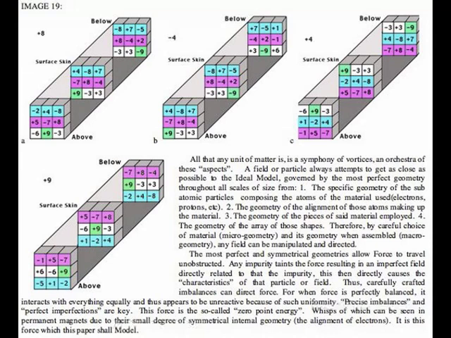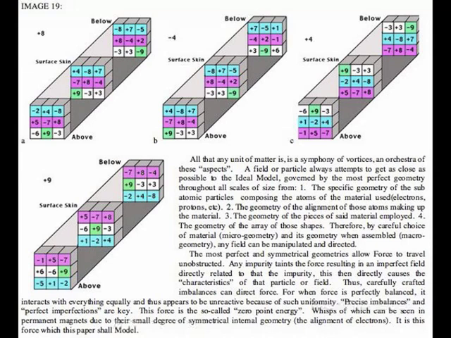The geometry of the pieces of said material employed. And 4. The geometry of the array of those shapes. Therefore, by careful choice of material, microgeometry, and its geometry when assembled, macrogeometry, any field can be manipulated and directed.